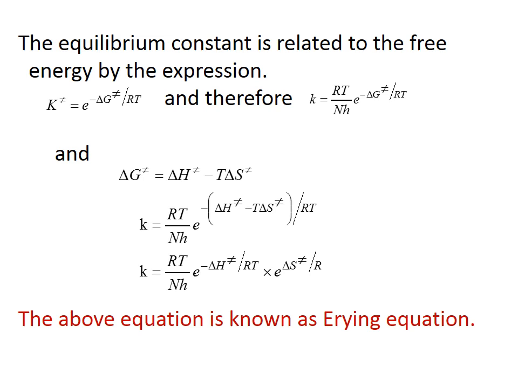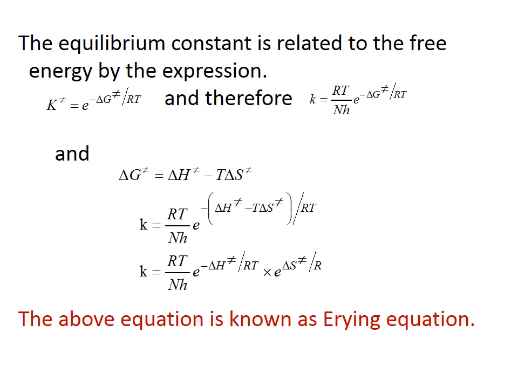Rearranging the equation, finally you get k equals RT by Nh e power of minus delta H double dagger by RT into e power of delta S double dagger by R. This is the equation for the bimolecular reaction: k equals RT by Nh into e power of minus delta H double dagger by RT into e power of delta S double dagger by R.